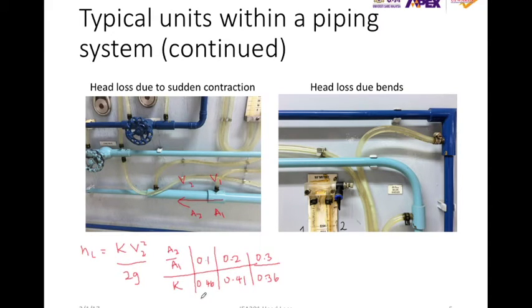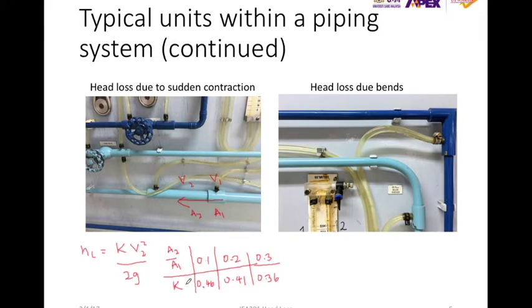Which makes sense, because if the K value is high, then the head loss would be high. So you can expect that if the changes in area between the two sections are large, then you can expect greater head loss.